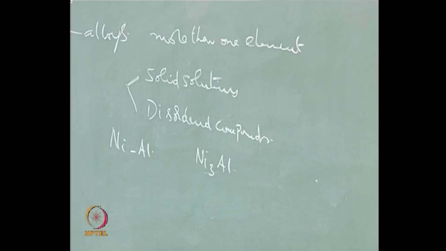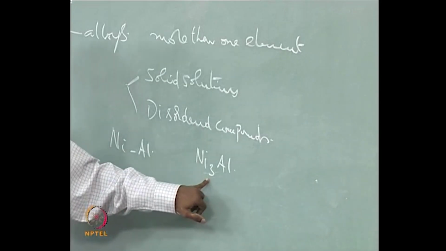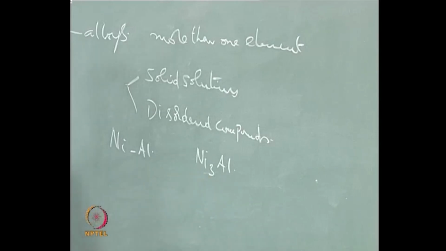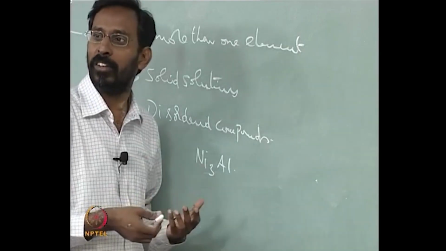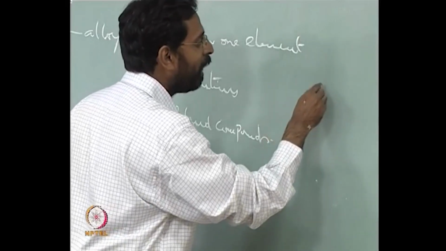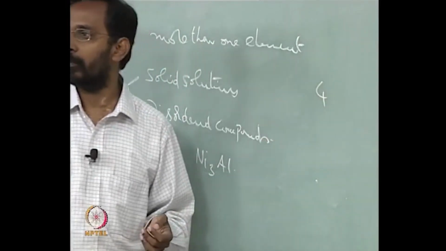That means inside the unit cell, if you have 100 unit cells, you would have 75 atoms of nickel and 25 atoms of... in fact it should not be taken like that. In 100 unit cells you actually have much more, because every unit cell effectively has 4 lattice points.